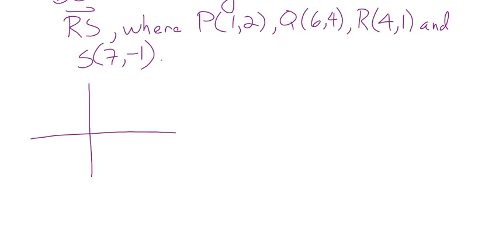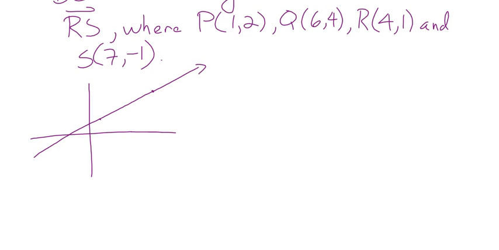Where are these lines? What do they look like? So P is at 1, 2. It doesn't need to be exact, but it should be at least relative to each other, so I should put P in the upper right quadrant. There's P at 1, 2, and Q is at 6, 4, so that should be further out this way. So there's PQ.